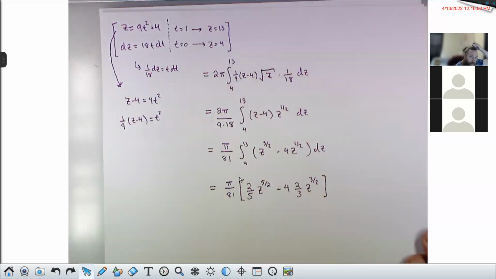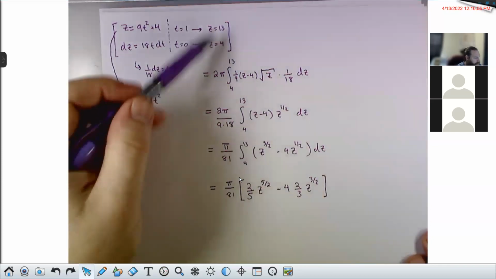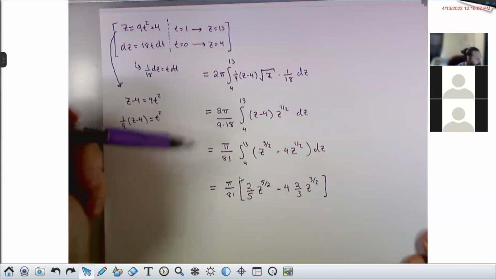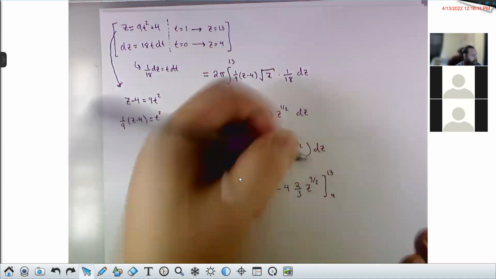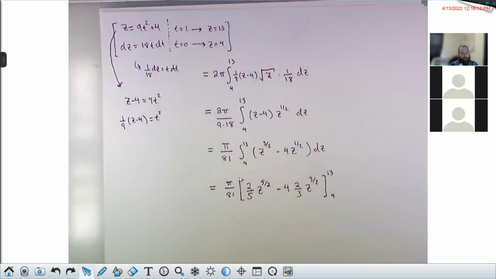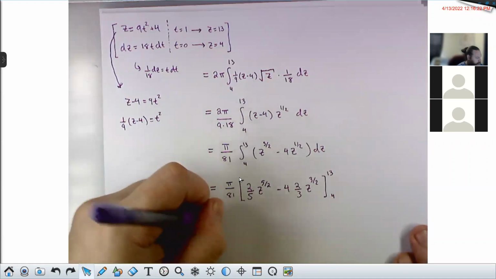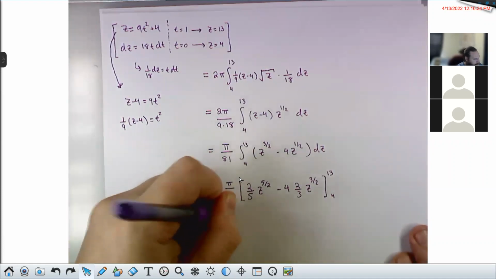And remember, one of the reasons it's so nice to change your bounds is that you don't have to plug back in for the original variable. You just evaluate this between the new bounds. So I've got my pi over 81 out front.